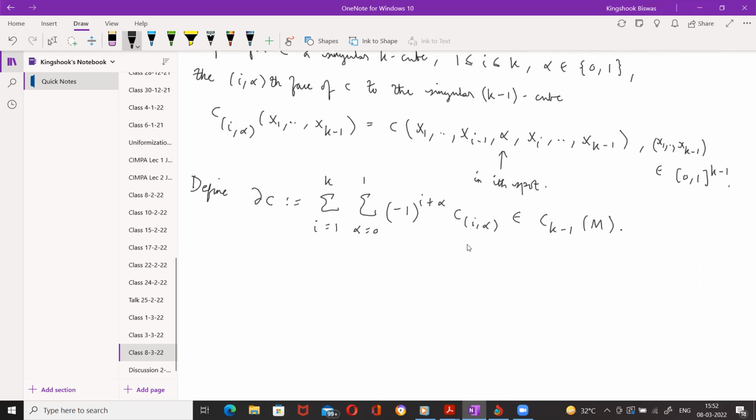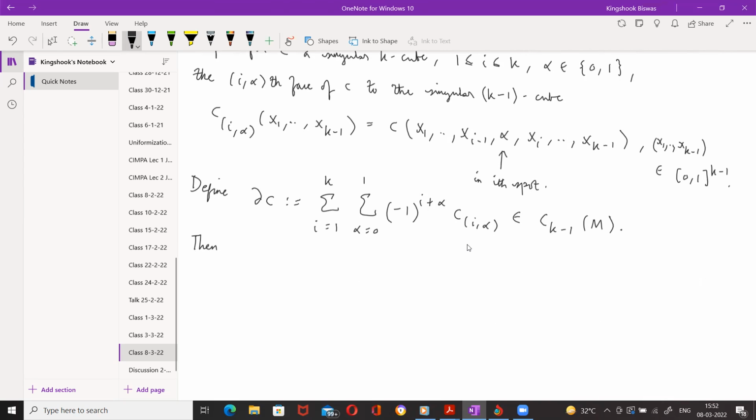And so then these singular k cubes are the basis of the space of k chains. So therefore, this boundary map is defined on the basis.